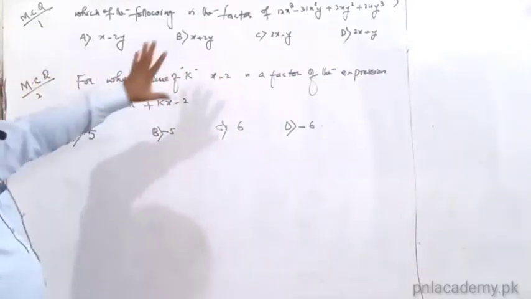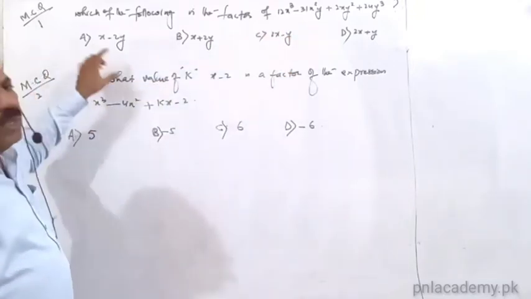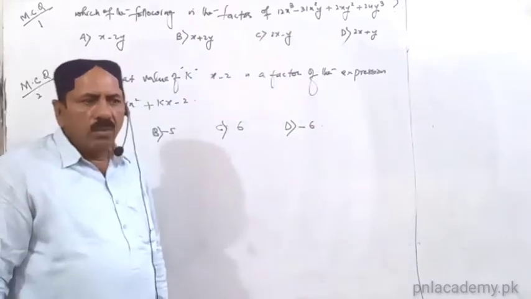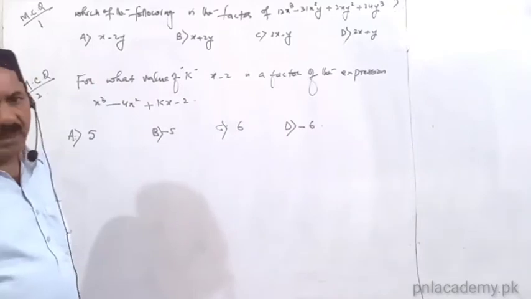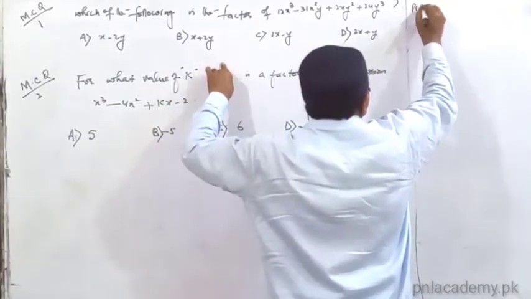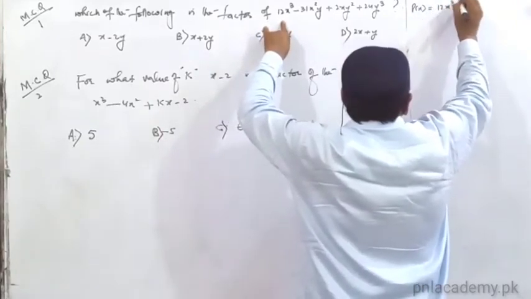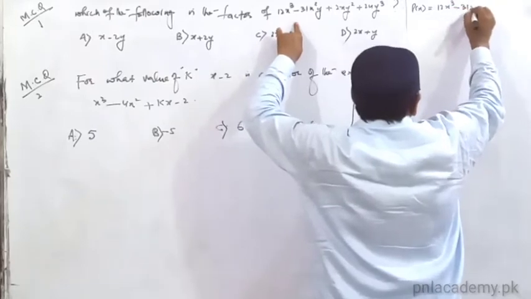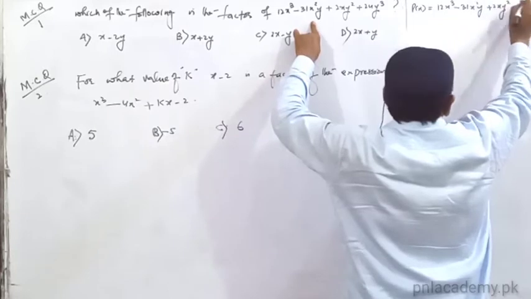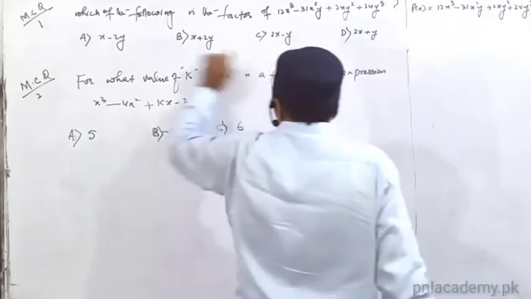So this is a polynomial of x. We will substitute the value of x. If we consider the polynomial of y, we will substitute the value of y. Here, p of x is equal to 12x cube minus 31x square y plus 2xy square plus 24y cube.